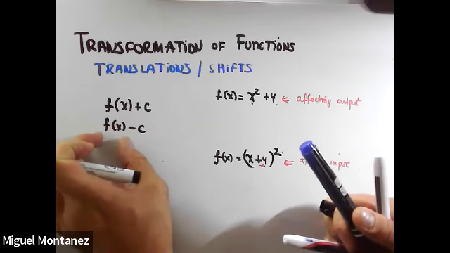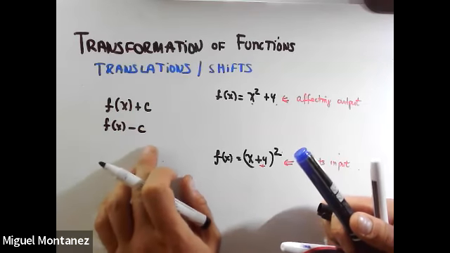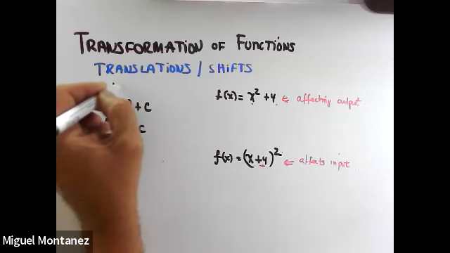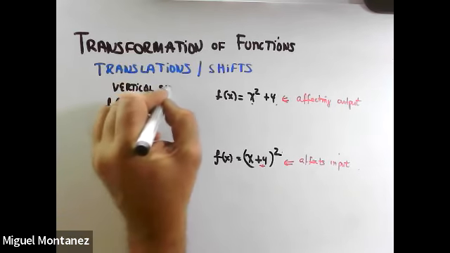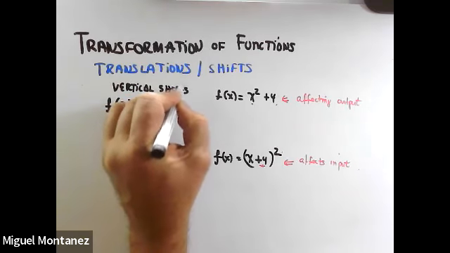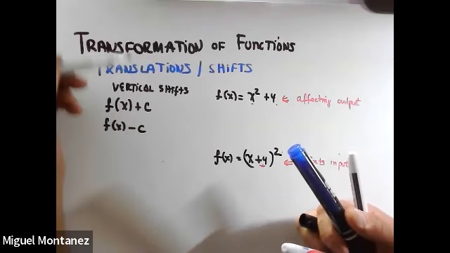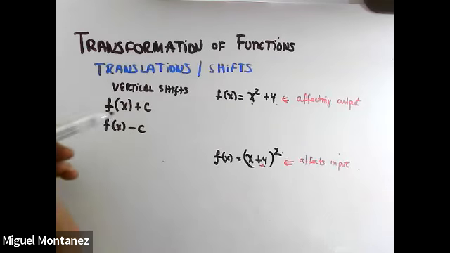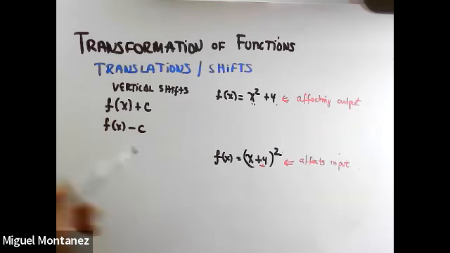First we execute the function, then we either add or subtract a number. So these are going to be vertical shifts. Of course, we are affecting the output, the vertical, we're going either up or down, because I'm adding or subtracting the number after I execute the function. We move them up or down.